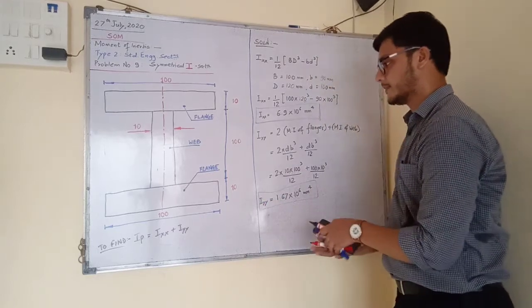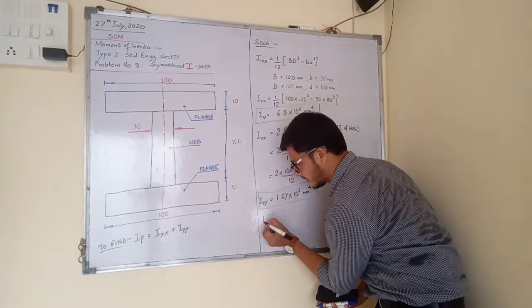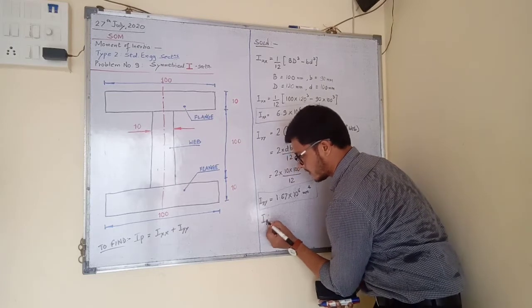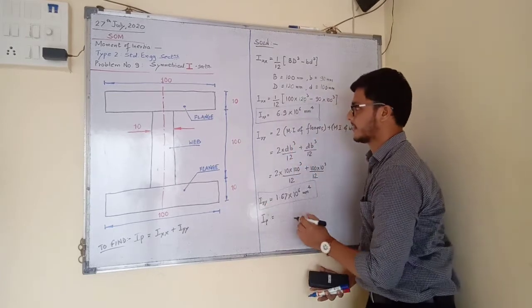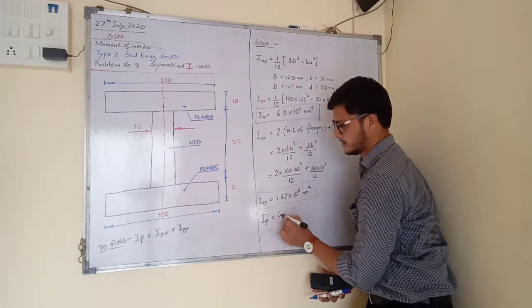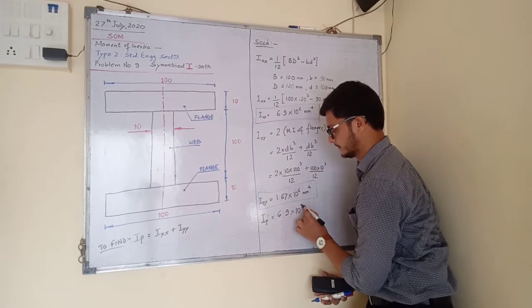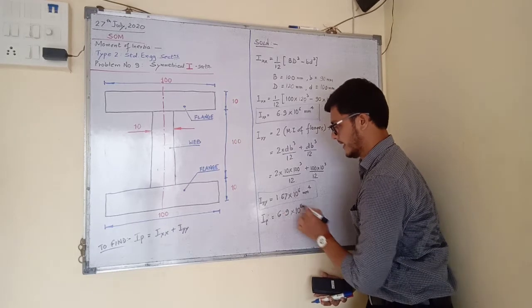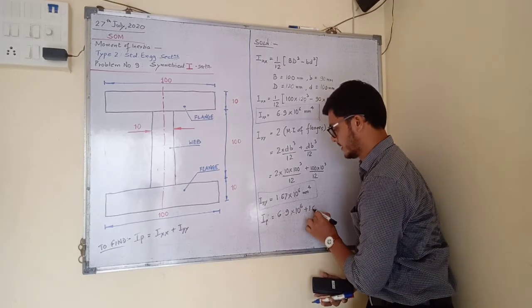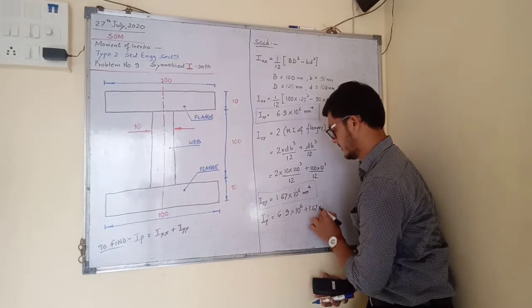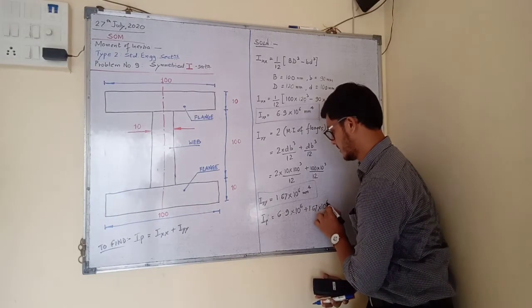Now finally IP will be equal to Ixx plus Iyy. So Ixx is 6.9 into 10 raised to 6 plus Iyy is 1.67 into 10 raised to 6.